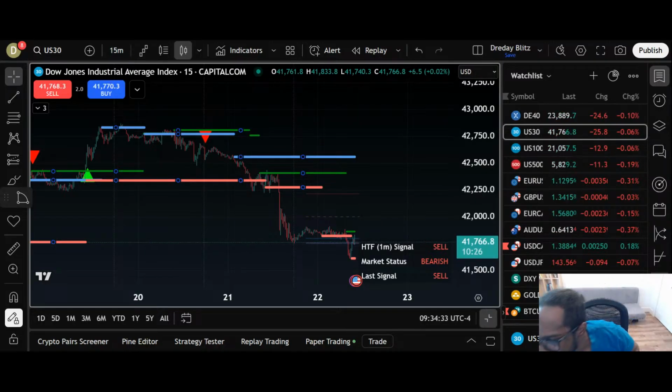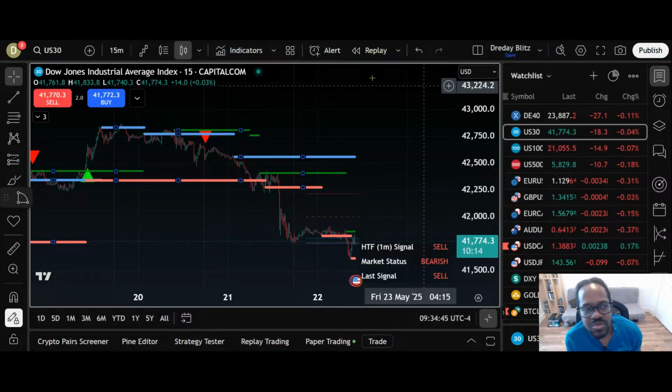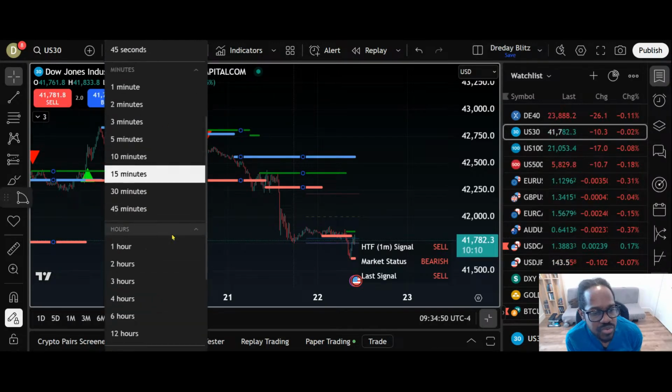What will change if I put it on, however? What do you mean, 4 hour on the 4 hour chart? So 4 hour chart with a 4 hour higher time frame?